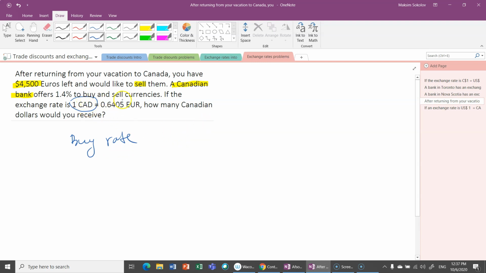So you have 1 times (1 minus 0.014) Canadian dollars equals 0.6405 euro.